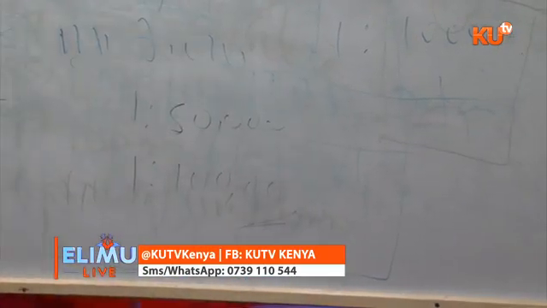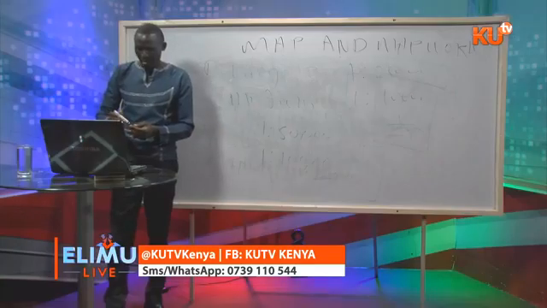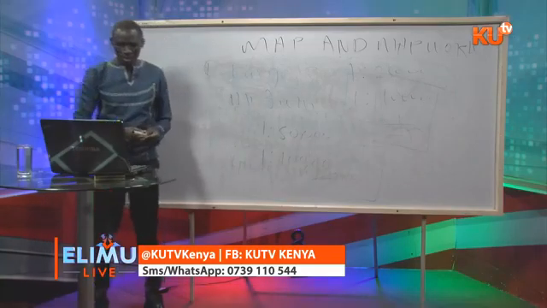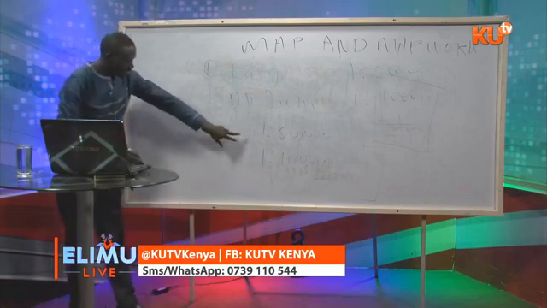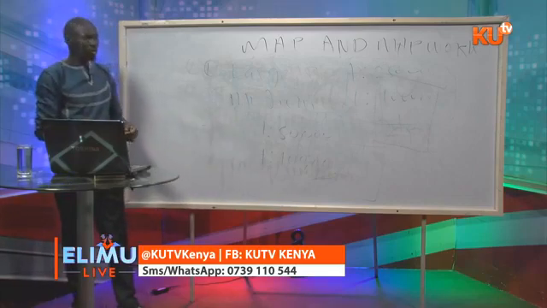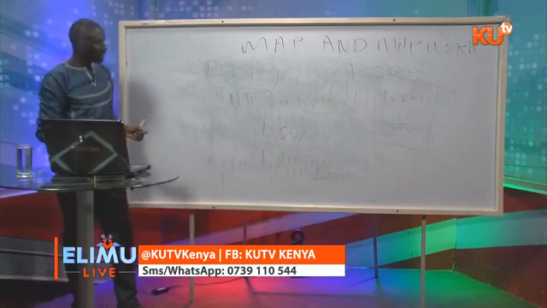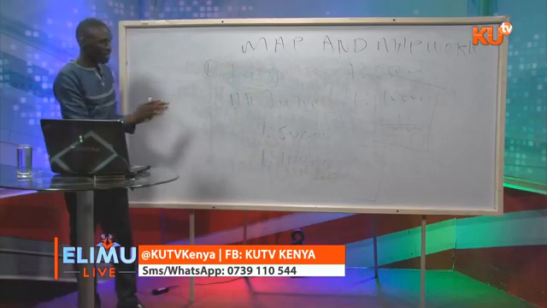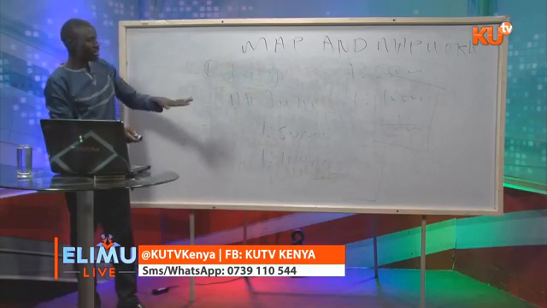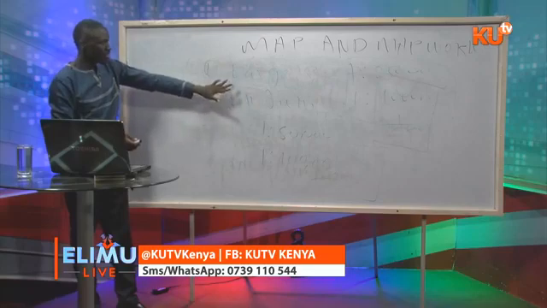So that is the medium scale. So this is the scale that is used to focus on the areas of the maps that are quite bigger than the maps that are found within the large scale.